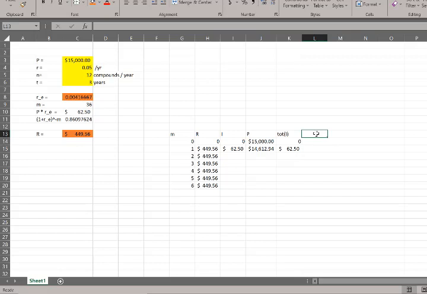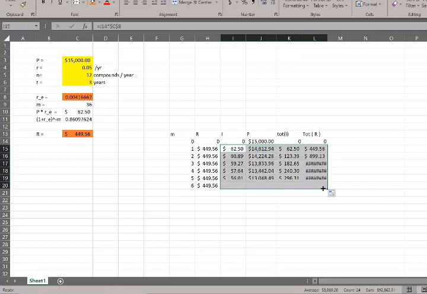And then have one for our total payments. Okay, and just a running total right there. Okay, as long as we didn't make any mistakes, everything should be running through fine. Okay, good.